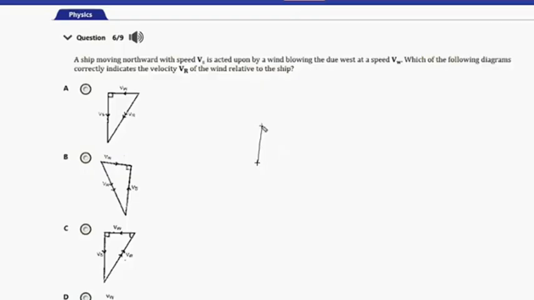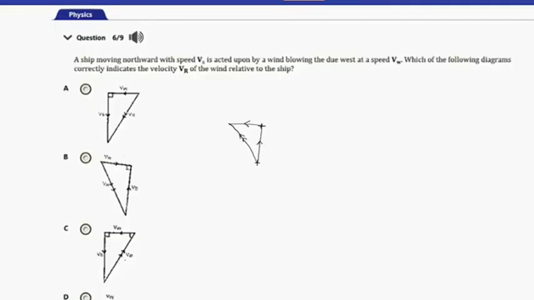So we're going to draw this, so the direction goes left this way. Now the velocity will be the movement in the specific direction here, so it has to be in the same direction as Vs and Vw. And it will complete this triangle here. So Vs will actually be at this point.